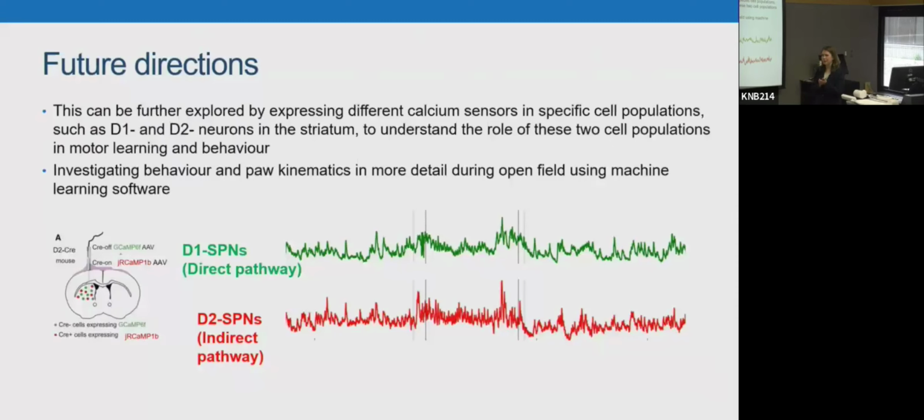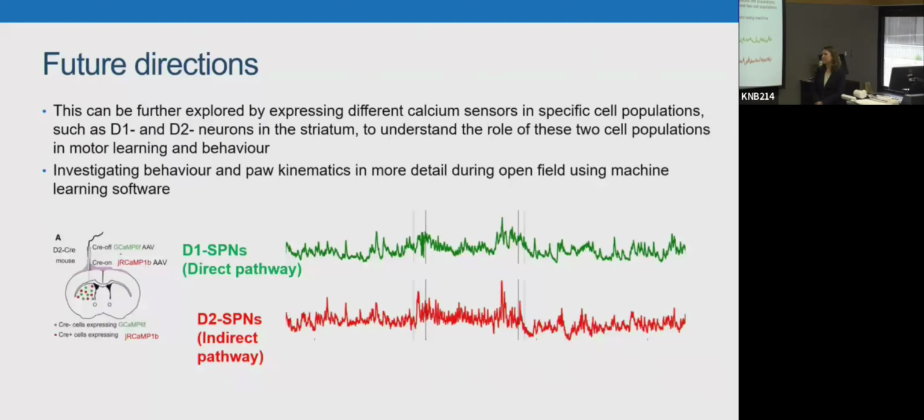There's one paper, Sabatini is one of the final authors on it, where they looked at activity in both of these neural populations during many different behaviors and found different patterns. At the start of a movement, the D1 would be active, but the D2 wouldn't be. During turning, the D2 seemed to be more active, like at the initiation of turning. So one thing I really want to look at with this is what's happening in the activity during a foot slip. So would you expect for the Huntington's model mice that you would have that lack of pre-activation that you saw in the slips from the GCaMP or the fluorescence?